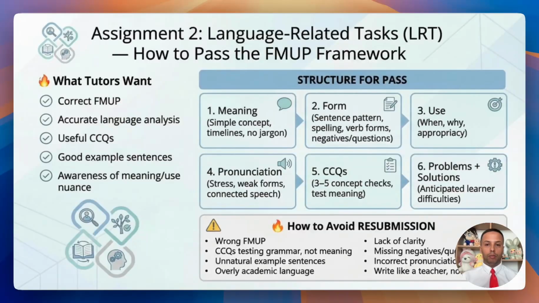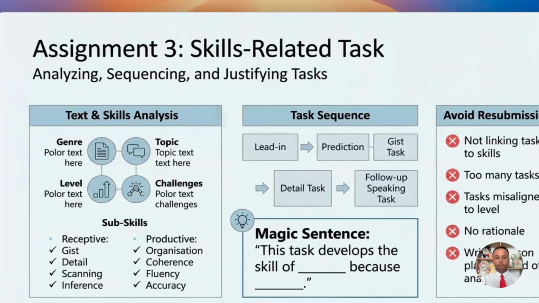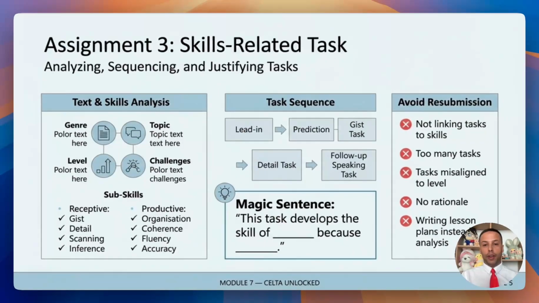Assignment 3, the skills related tasks. Assignment 3 is about designing a task, designing a skills lesson. You are given a text or audio and you analyze it, design tasks, and justify your choices based on this material, text or audio.